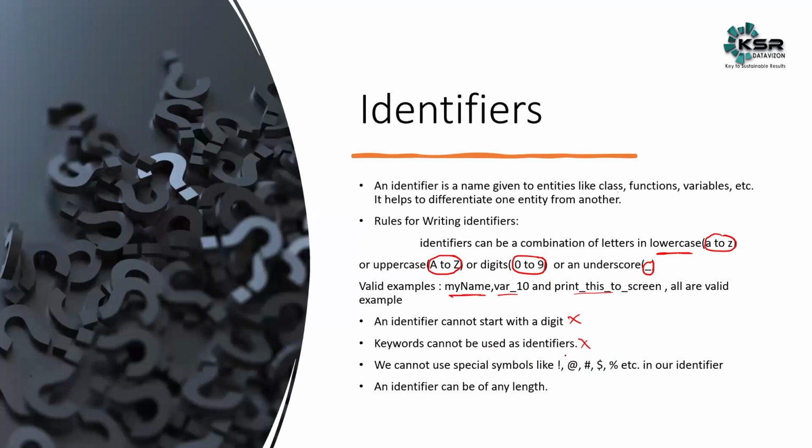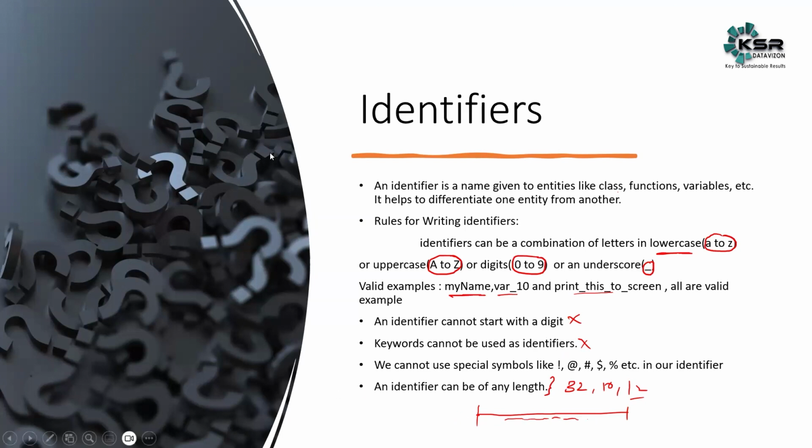Only one special symbol we can use, that is underscore. Now, identifiers can be of any length. In other languages, like Java, probably 32 characters or 10 or 12 characters. Here you can write 100 characters also. The length of each identifier can be any length. There is no limit.